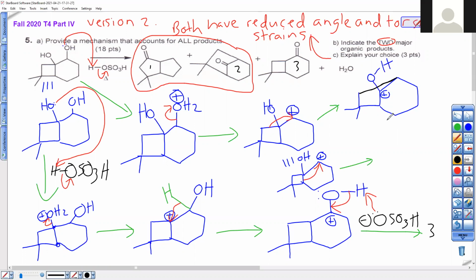Thinking product 2. It's a bicyclo 2, 3, 1. A bicyclo, 1, 2. Yeah, 1, 2. And then 1, 2, 3. And then the 1 here in the middle. So let's go to product 2, shall we?